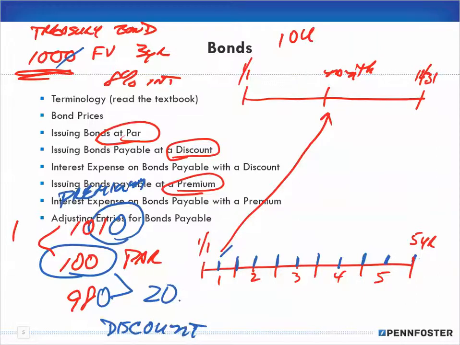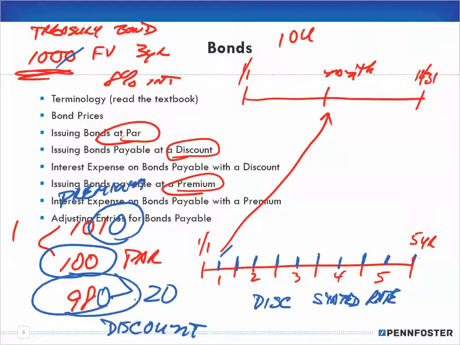So the idea here is that for a discount, the stated rate, and the stated rate is 98, is less than the market rate.